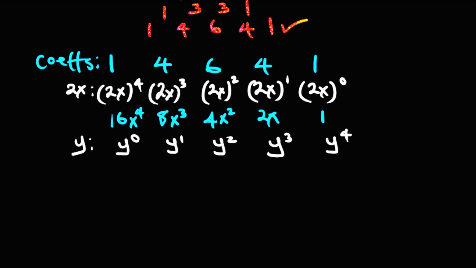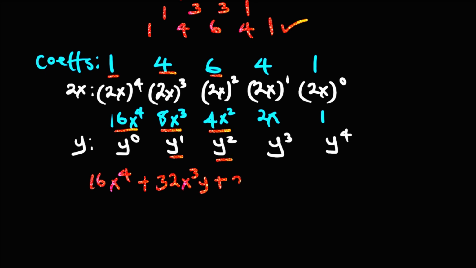So let us multiply down. We take 1 times 16x^4 times y^0, that is just 16x^4, plus 4 times 8x^3 times y^1. 4 times 8 is 32, so we have 32x^3y, plus 6 times 4x^2 times y^2, that is 24x^2y^2, plus 4 times 2x times y^3, so that will be 8xy^3.